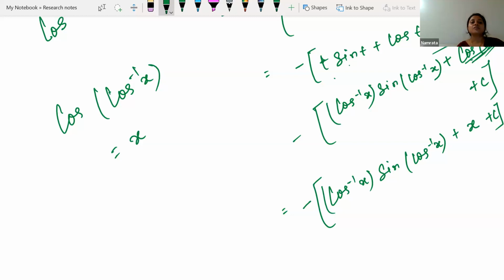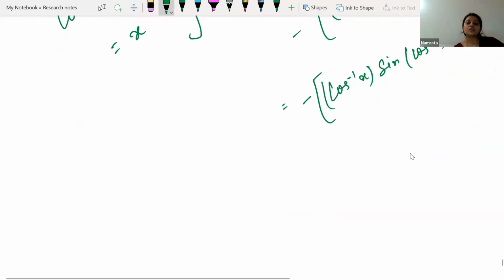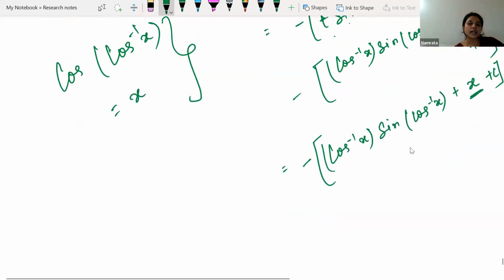Again, we are thinking about a substitution: cos inverse x is this one, then cos of it will be only x. So do you know this result or not, everyone? Yes, ma'am. That's why I have taken only x over here. Basically, according to the concept, it is not canceling out each other. By substitution, we just get back to x only. Okay, so this is how we will do this integration.